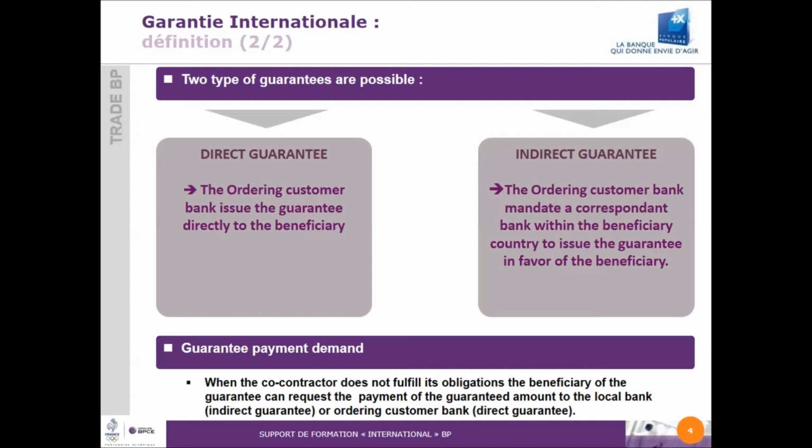An indirect guarantee is very often required in some countries like the Middle East. Basically, you apply for a guarantee to your bank, who will then request a local bank to issue the guarantee on its behalf.